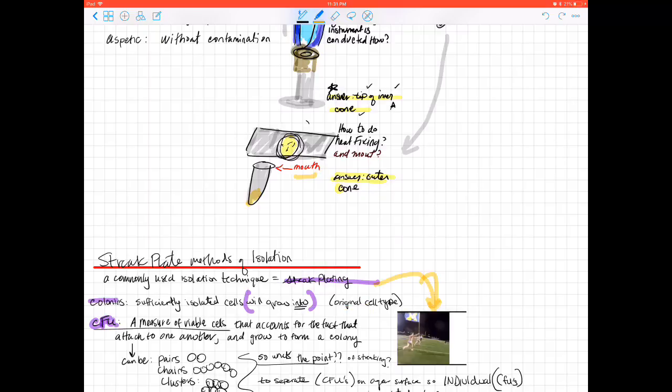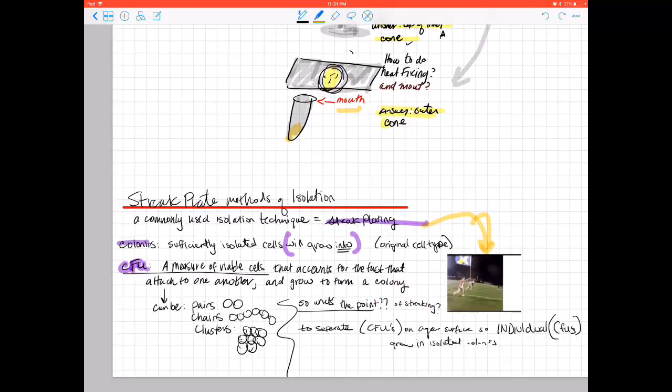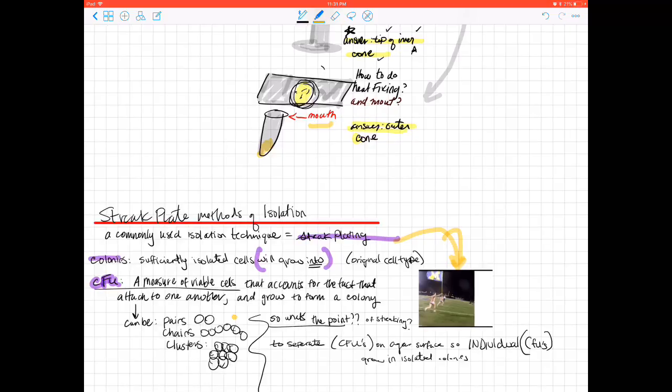So then you may see this CFU, or this colony forming unit, which is just a measurement. It's a unit of measurement, to account for the fact that they may be pairs, they may be chains, they may be clusters, and the whole point is to separate the CFUs on the agar surface so that individual CFUs grow in isolated colonies.